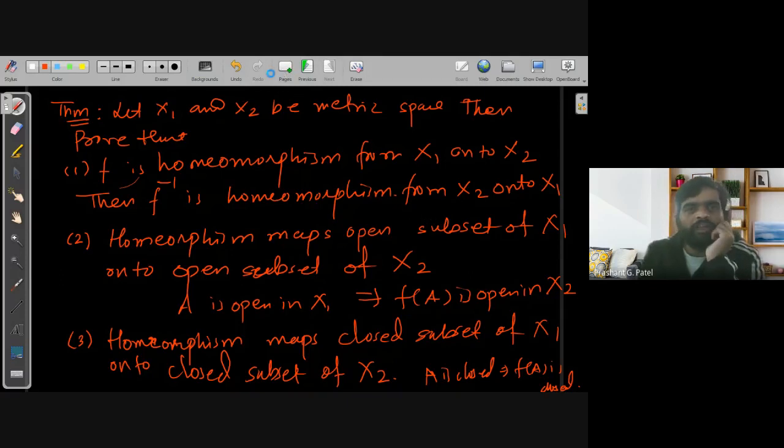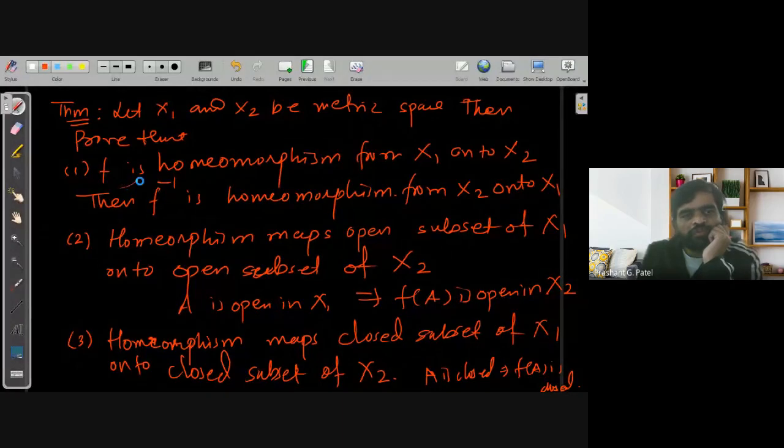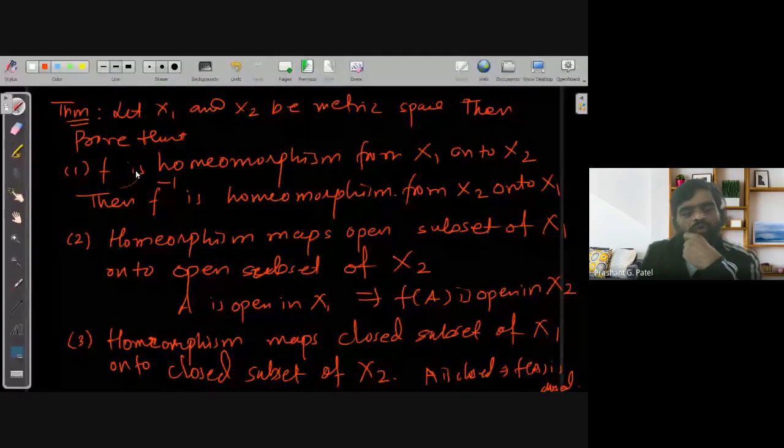Let us try to prove these statements. Given that f is a homeomorphism, that means f is 1-1 and onto. Now I have to prove that f inverse is a homeomorphism. So what is the meaning of homeomorphism? That means f is 1-1 onto, f is continuous and its inverse is also continuous.